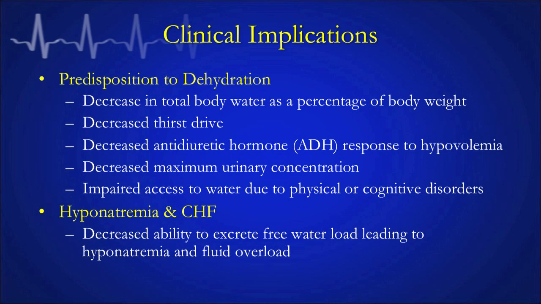And then some other reasons: people who have dementia, they are confused, they may have difficulty having access to water. Even if you put the water by their side, they may not be able to drink it because of physical or cognitive disorders. So there are many reasons why older people become dehydrated very quickly, and you see that hypernatremic dehydration is much more common in older individuals as compared to younger individuals.